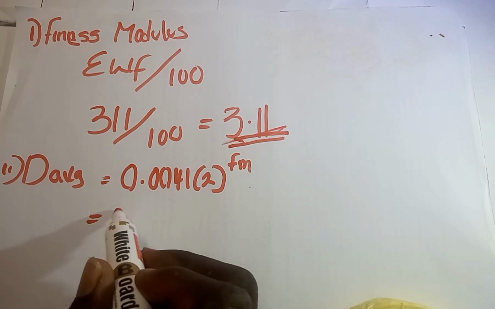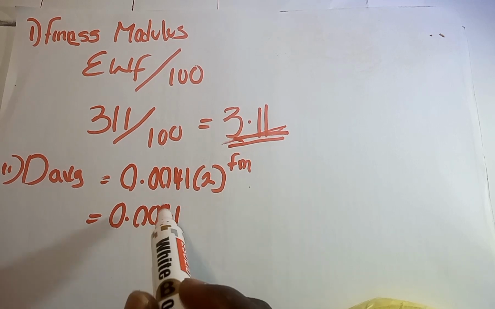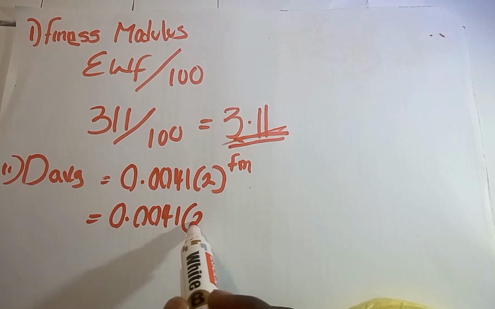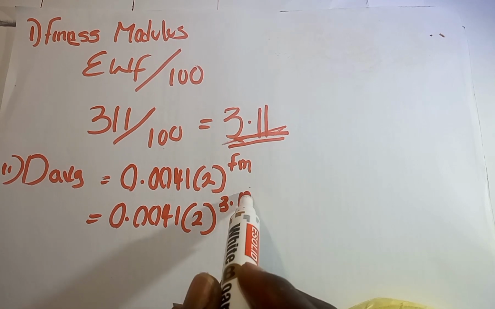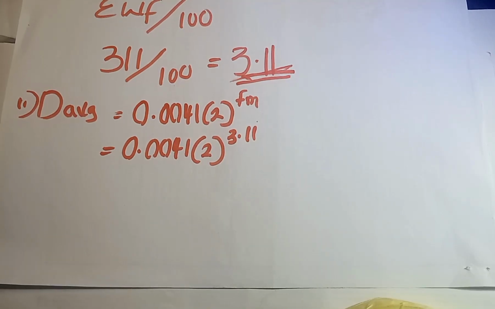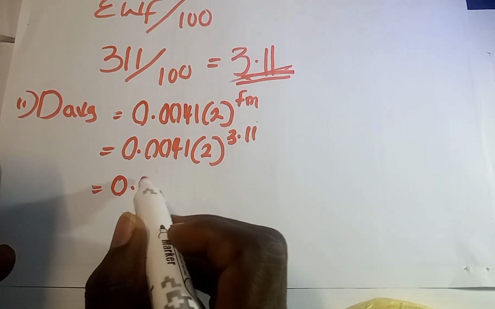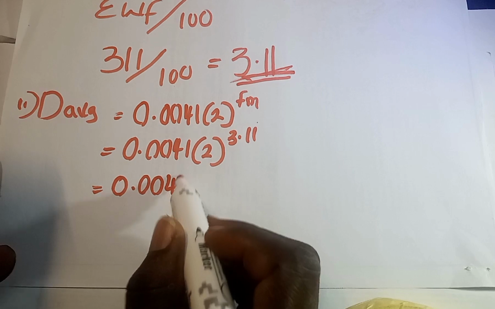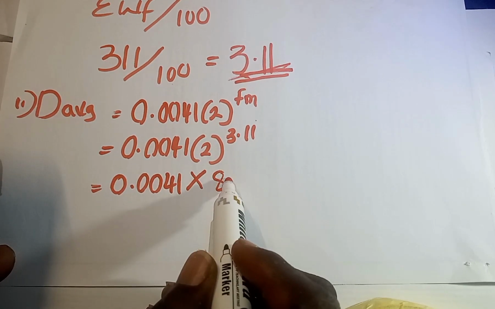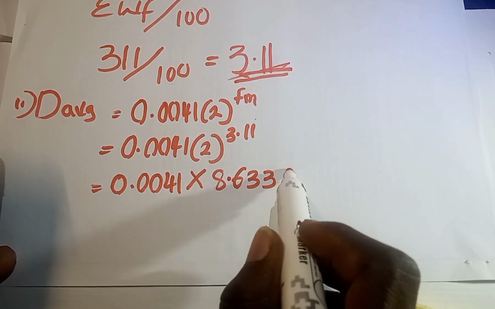So I can substitute the parameters here: 0.0041 multiplied by 2 to the power of 3.11. 2 to the power of 3.11 is 8.6338.